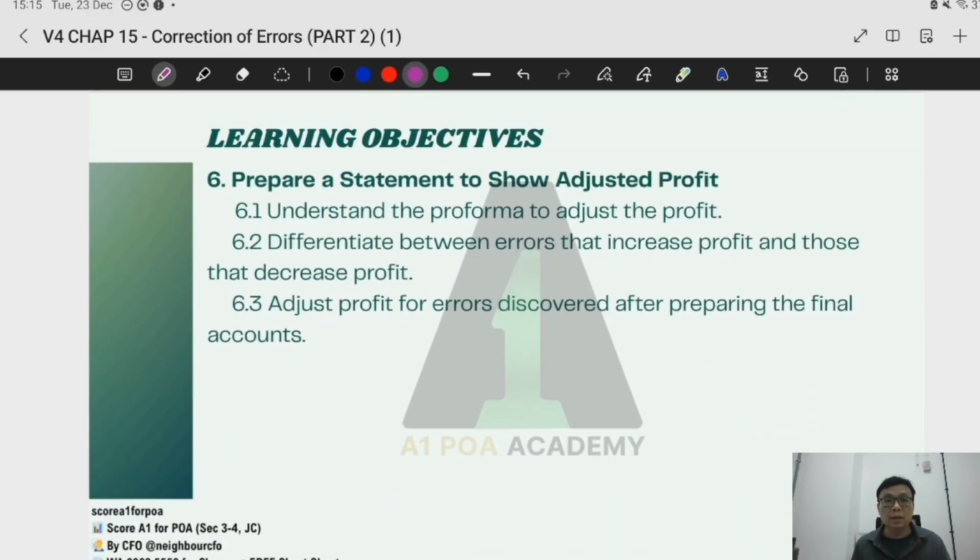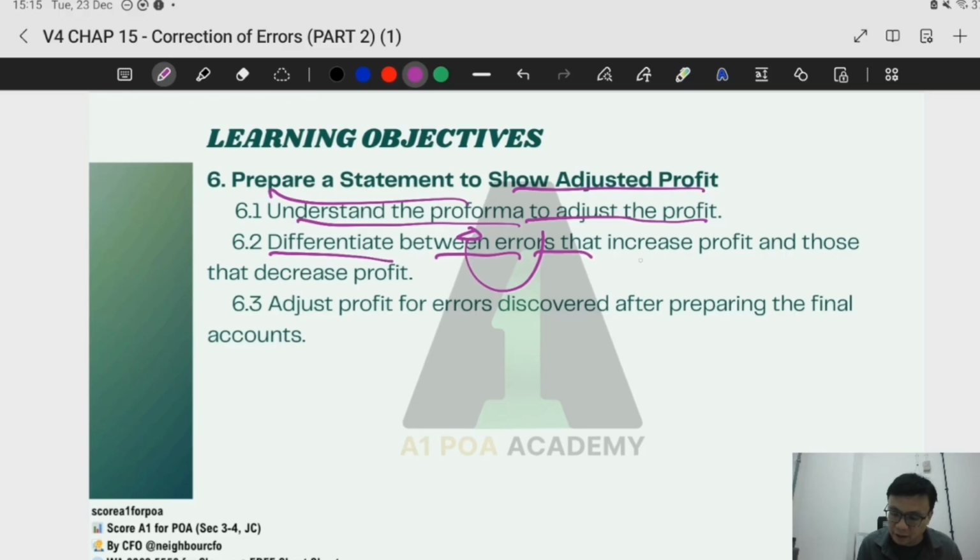And lastly, we went ahead to prepare a statement to show the adjusted profit and internalize the ability and the application, the skill set to adjust the profit by understanding the pro forma statement of the statement of financial performance, and thereafter to differentiate between errors that increase profit and those that decrease profit.